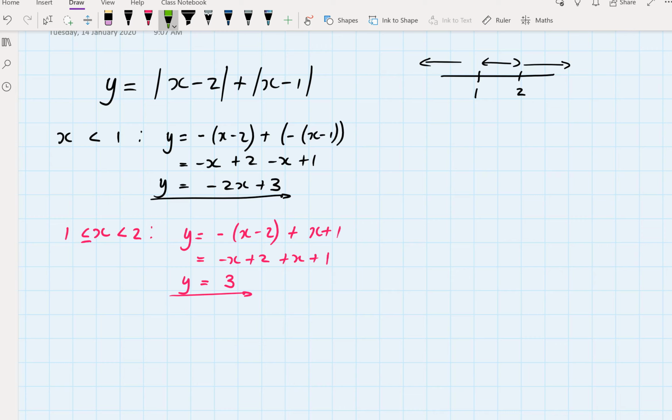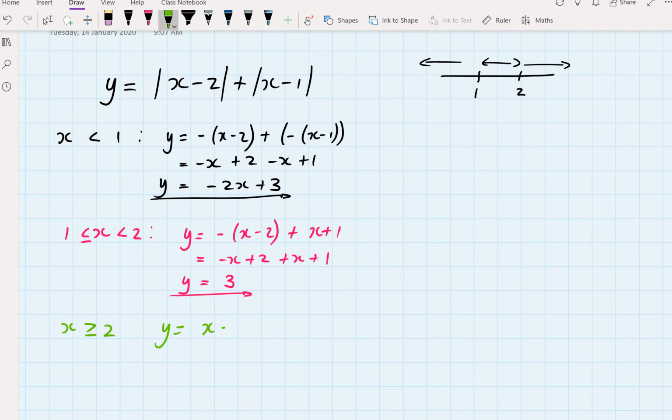And let's see what happens when I deal with the area to the right of 2. So in other words, when x is greater than or equal to 2, a value like 3, 3 will make that bracket positive, so it stays as it is. 3 will make that bracket positive, so it stays as it is.